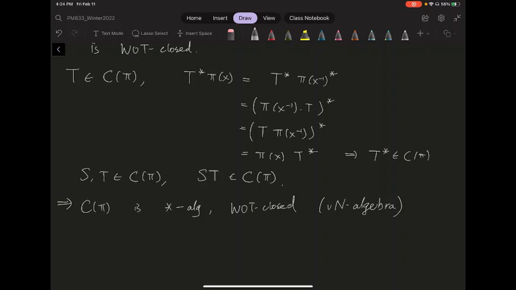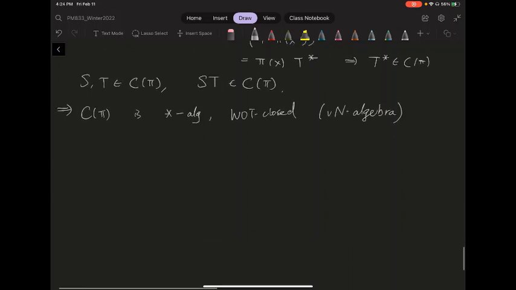And von Neumann algebras are quite special. Their properties will be studied in the next course, let's say PMATH 810 at Waterloo. But let me just use some of these von Neumann algebra properties to prove the following lemma.